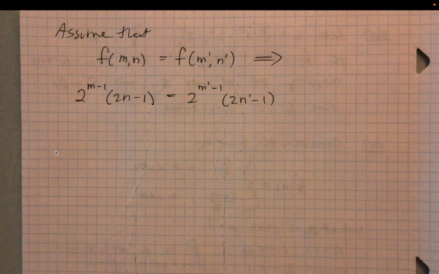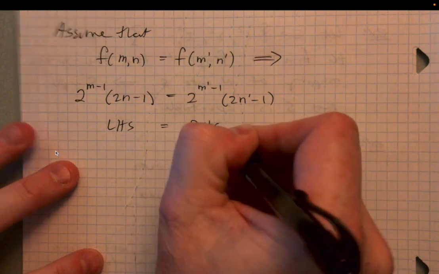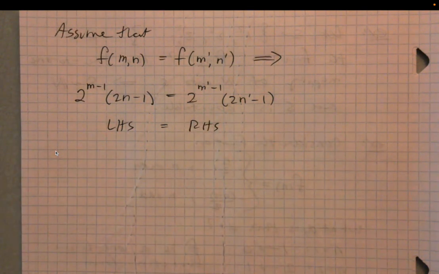Okay. Now, notice that you have the left-hand side equals the right-hand side here, and they're equal, right? So what that implies is that their prime factorization must be equal as well.